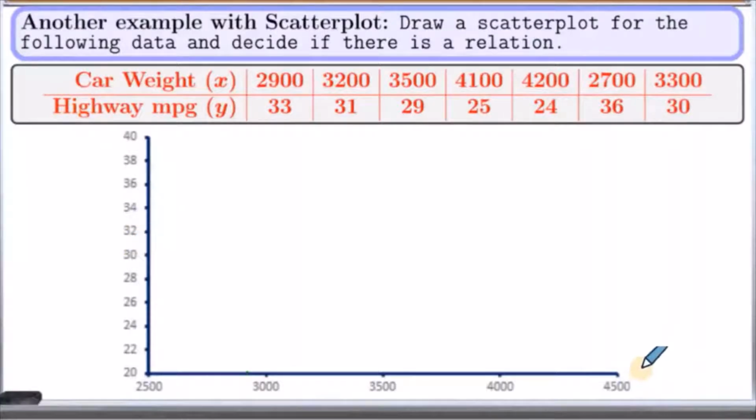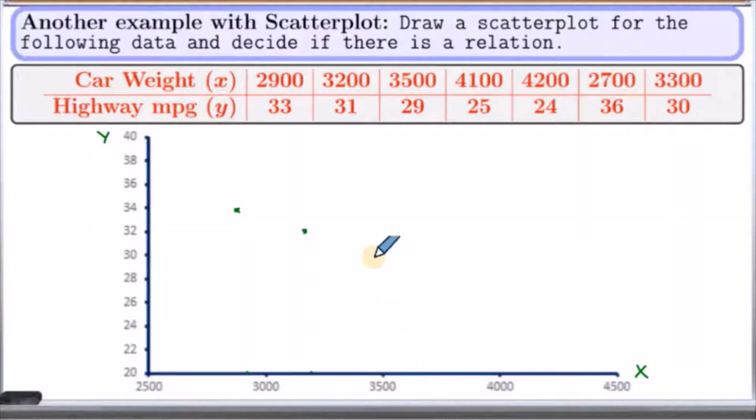So this is our x-axis and this is our y-axis. So here the first point is 2933. So 2900 is over here and let's say 33 is over here. So the next one is 3231. So 3200 is over here and 31 is over here. 3529.